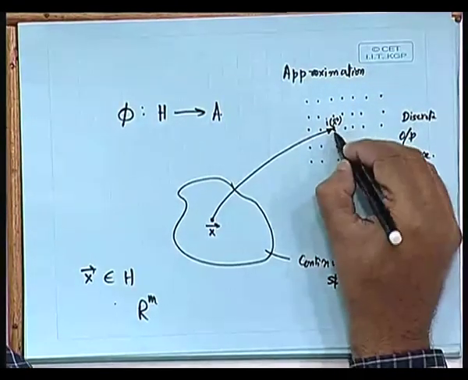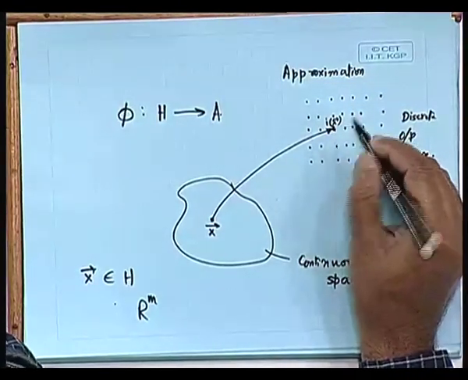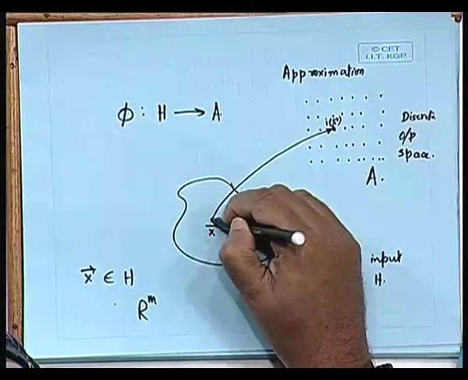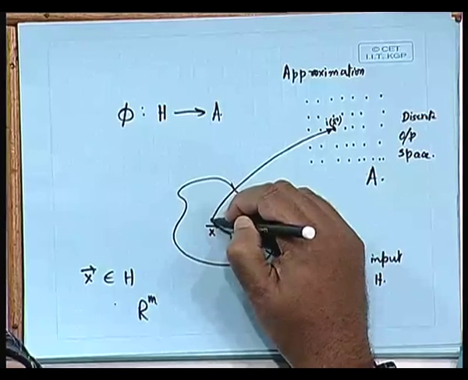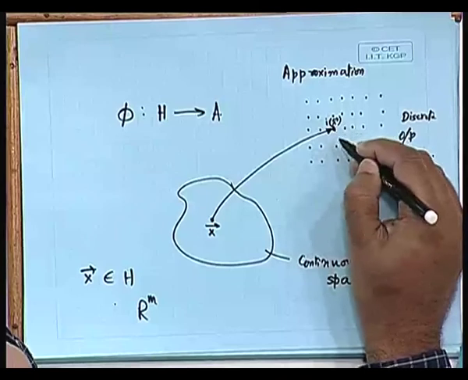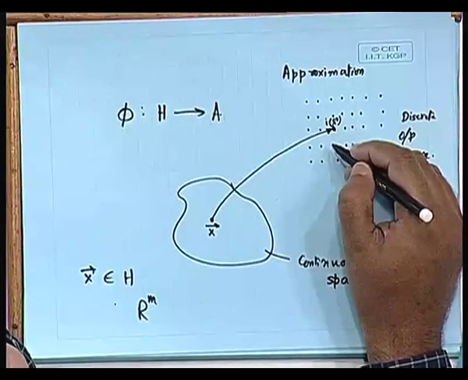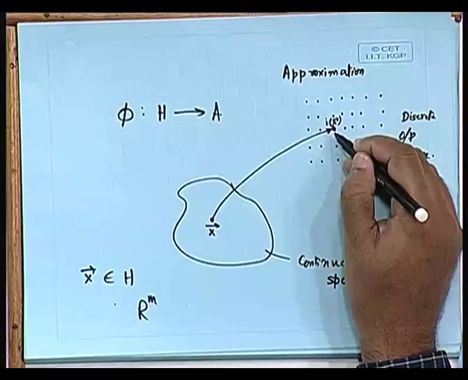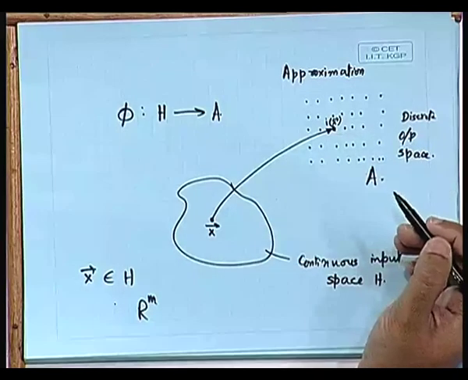Now, I of x is the winner and its position is arranged as close as possible to that of the x vector. Now, if using this I of x I try to do a reverse mapping, that is, from the discrete output space I try to map back to the input space, given this point I of x, will I come back exactly to this x vector?